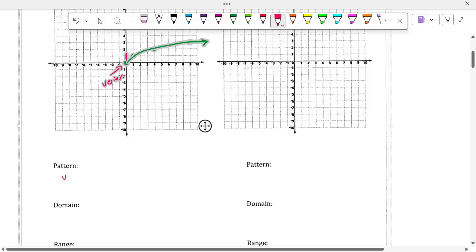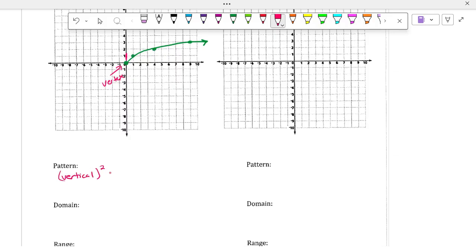So whatever the vertical distance is, we're going to square it to get the horizontal distance. So for example, if I go 2 up, square it, I'll go 4 out.